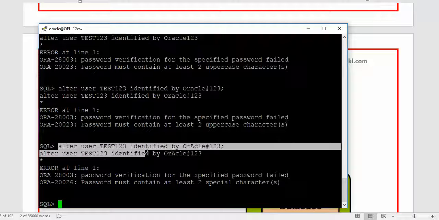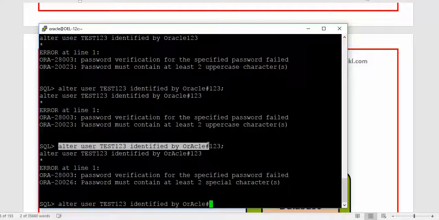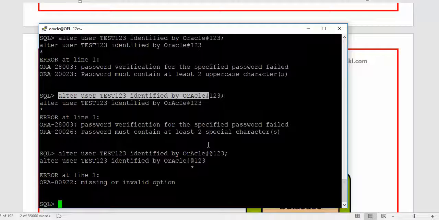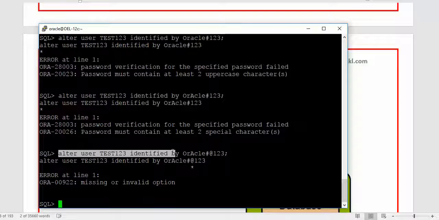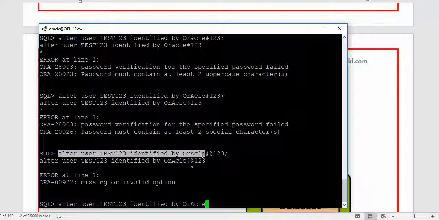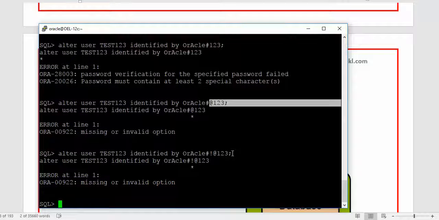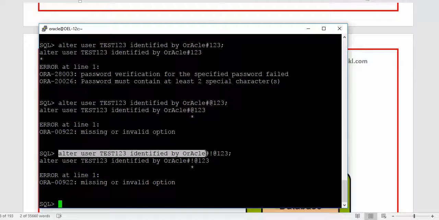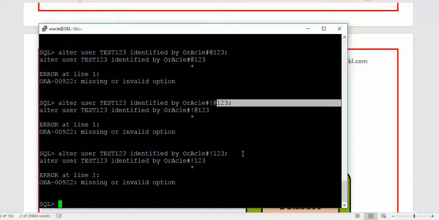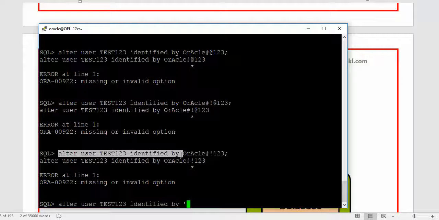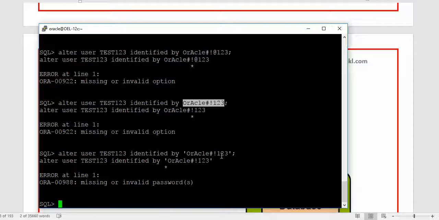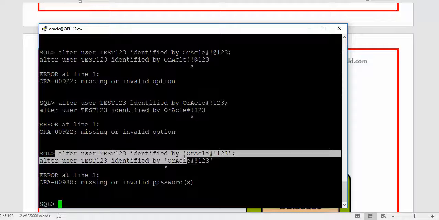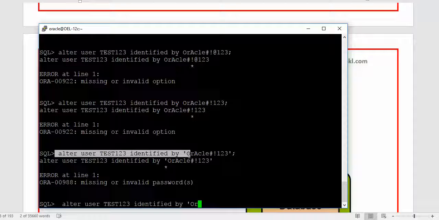I think we made it as complex as possible. I'm sorry for that. There is a problem with copy paste. Invalid password. Instead, I'll use a different one.